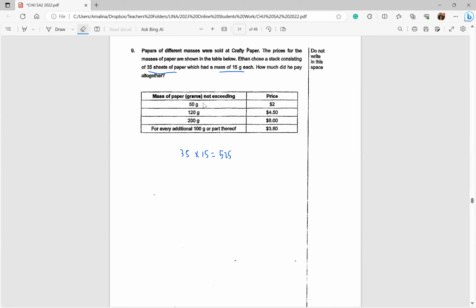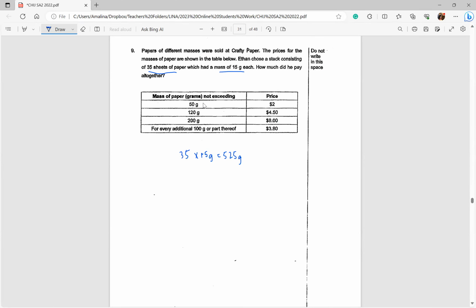Okay, maybe I just show my gram. Erase everything. So 35, you multiply by your 15 gram. Okay, so I get my 525 gram. So that's the total mass of the sheets of paper.